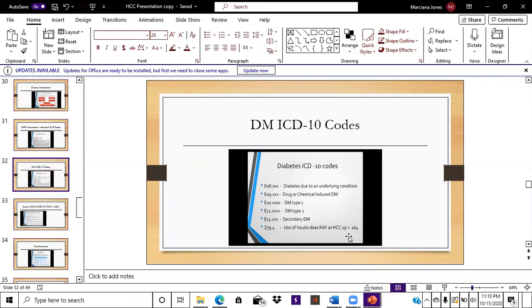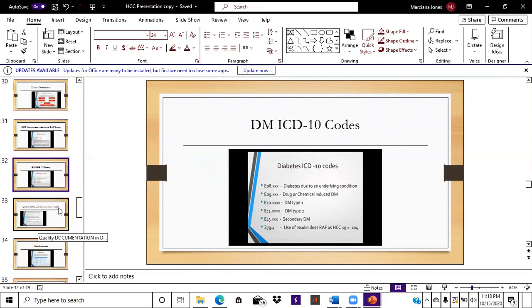But any other time you're coding a chart for diabetes and they're on insulin, that's why I was talking about medication earlier as support. Make sure you put the Z79.4, because long-term use of insulin needs to be captured for a patient who has prescriptions for insulin.